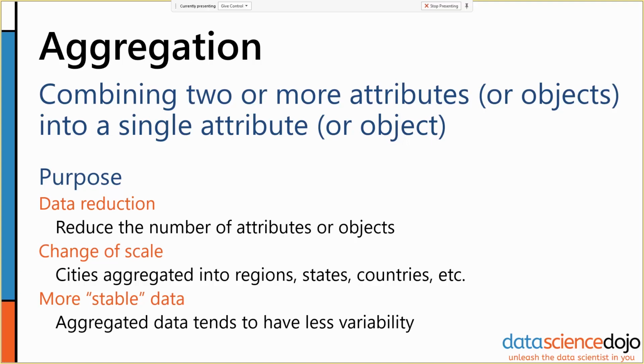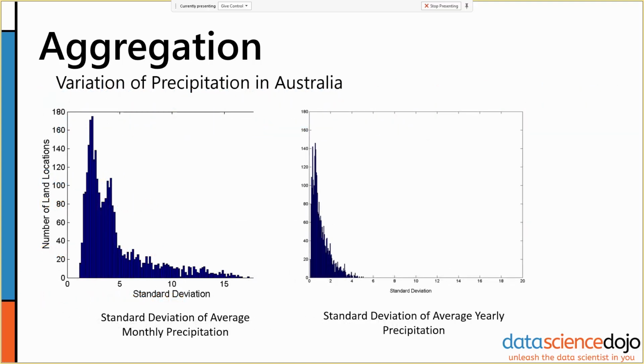As an example of that, and I really like this next page for this, these two are graphs of precipitation in Australia. These are histograms. The height of each block is the number of locations where precipitation was measured which had a standard deviation of the x value when we measured it on a monthly basis.